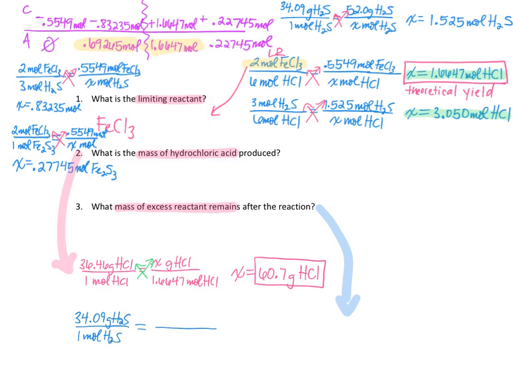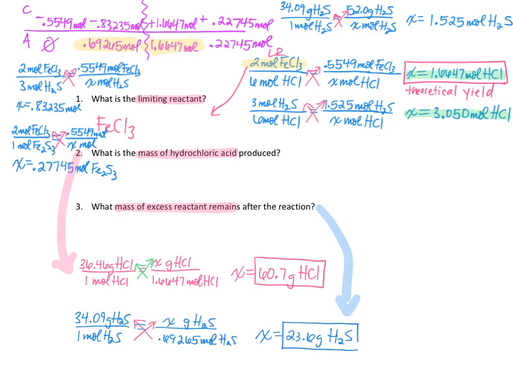Here we've got 0.69265 moles H2S, and we're looking for grams. Cross multiply, divide, find our X, which is going to be 23.6 grams of hydrogen sulfide left over.